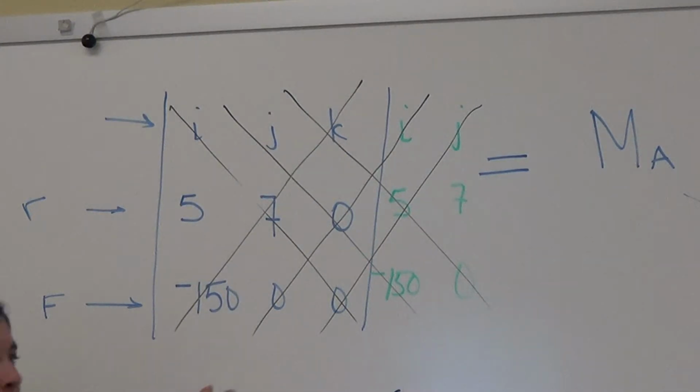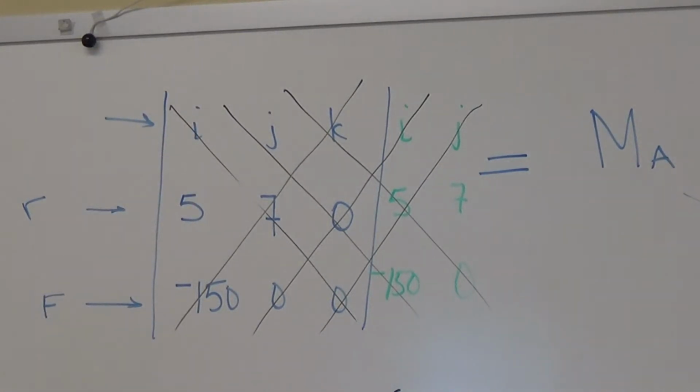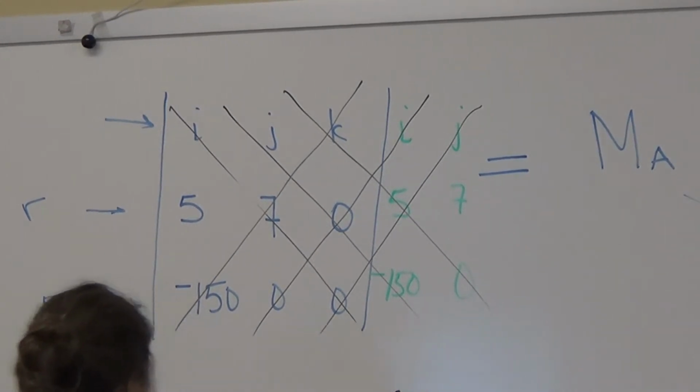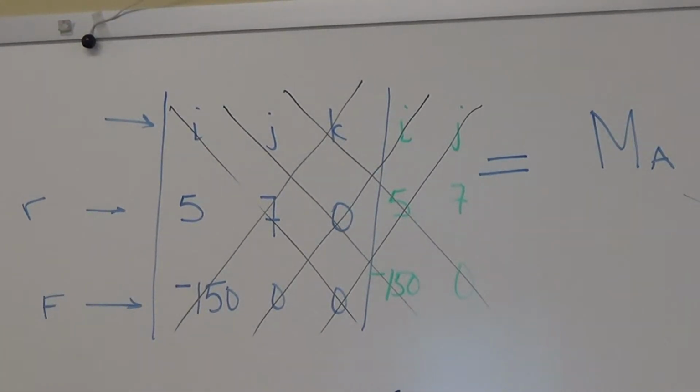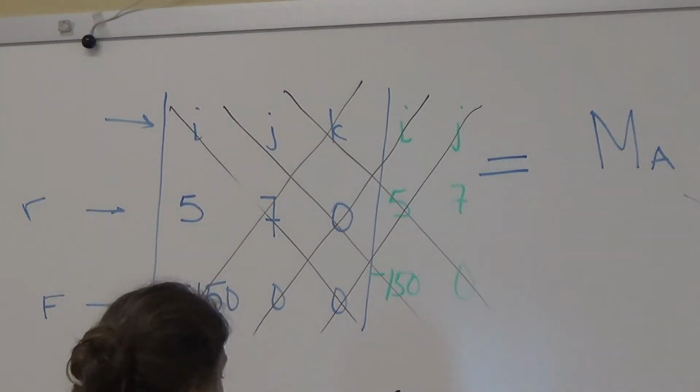And then how many of you take your I, J, and K, remember to subtract the J, and then have a 2 by 2 matrix? I'm just going to write it out for everyone. 7, 0, 0. And then J is 5, negative 150, 0, 0. And then the K is 5, 7, negative 150, 0.